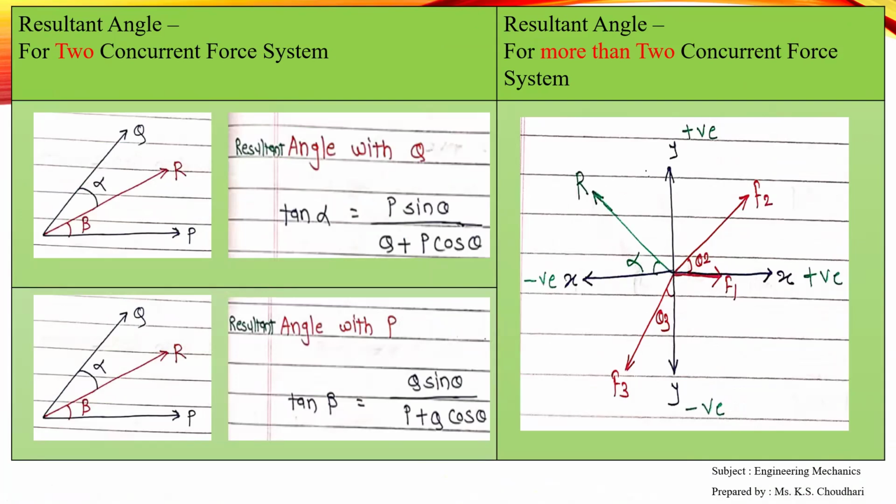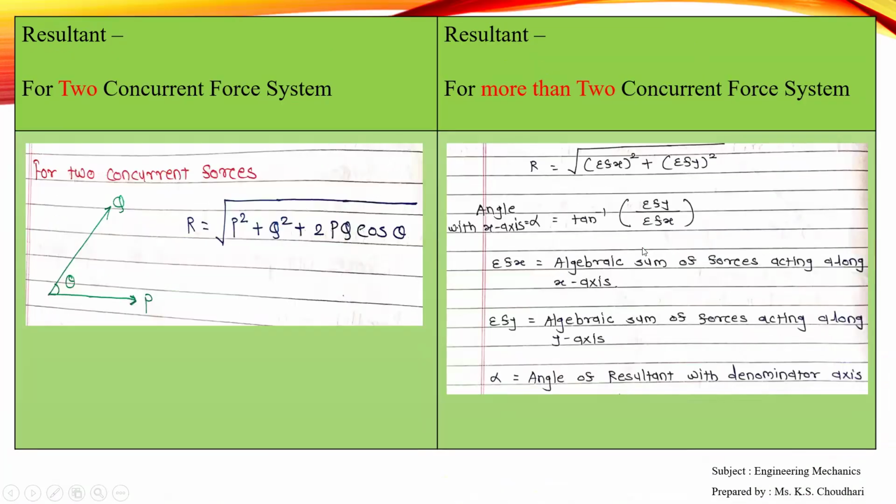Now we have to find at what angle this resultant will be. For that, the formula is, look here, angle with x-axis is equal to alpha. So with respect to the x-axis, we are finding the position of it. That's why we will put the summation of Fx in the denominator.